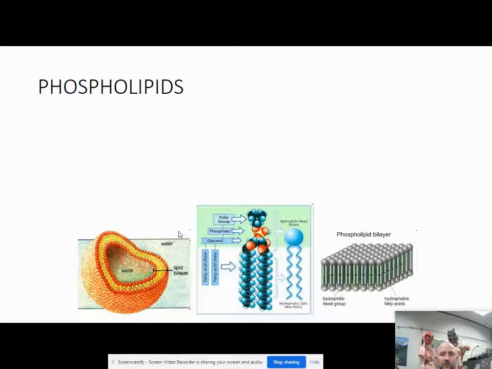Okay, phospholipids, this is something we'll cover in the next unit, but we kind of decided to do this one first because diffusion is just so important and it has so much to do with the cell water. So phospholipids are what makes up this membrane of the cell. So here's that bilayer again, and these little red things with the yellow tails, those are my phospholipids.